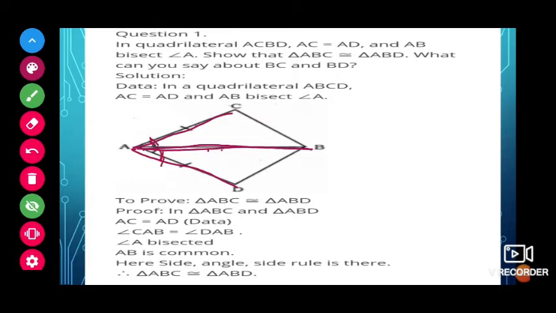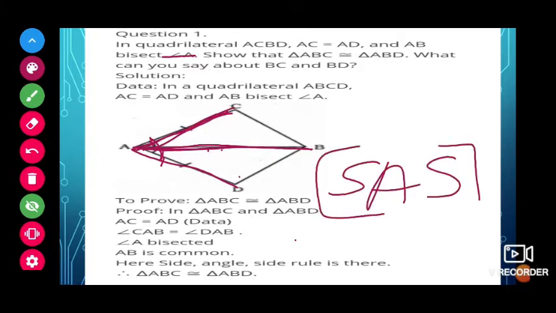Why? Because they told that AB bisects angle A. So we can take that CAB is equal to BAD. So by using the side angle side criterion, we can say that both the triangles are equal, that is congruent.